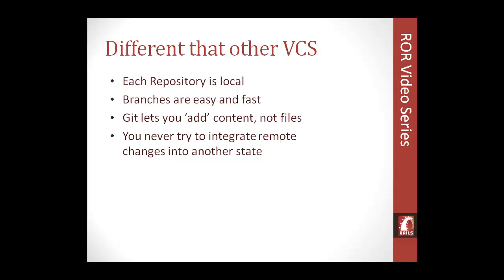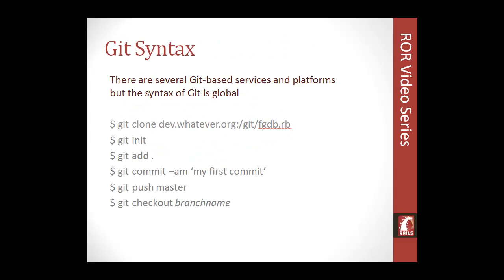And you never try to integrate remote changes into another state. So everything stays in its place. And again, data assurance. They have strict sets of checksums that they use to retrieve data. So it's virtually impossible to have any kind of bad data corruption.